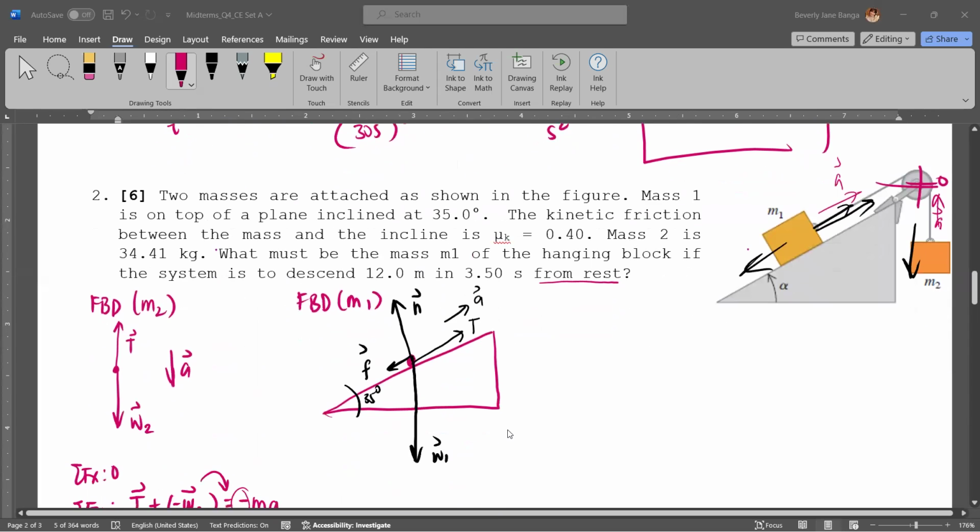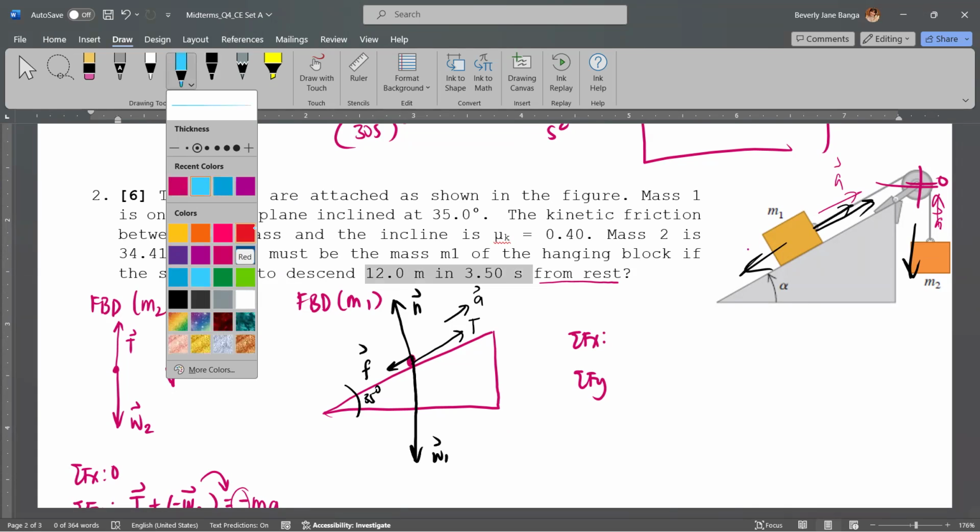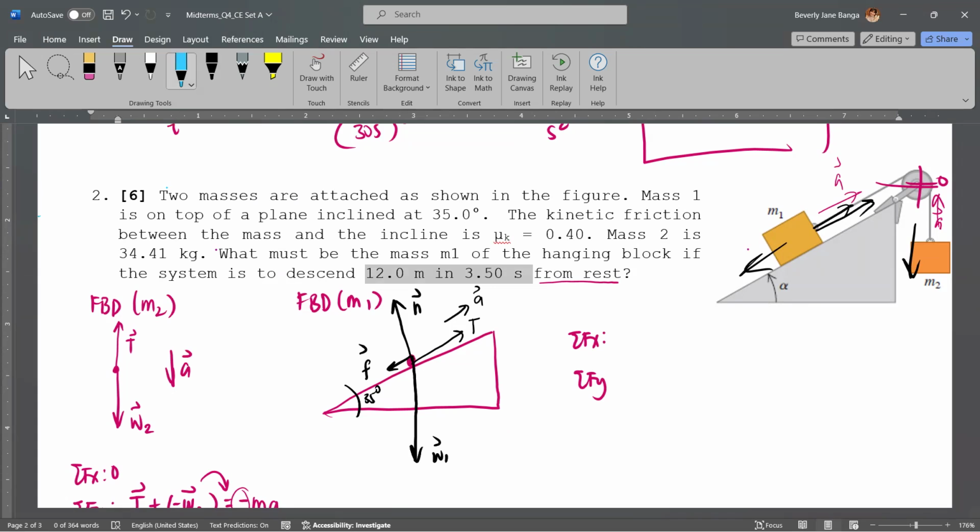So, M1 is summation of force along X and summation of force along Y. But you should have noticed that this is a tilted one. So, kailangan nyo ulit mag-set kung alin yung X and Y. Diba sabi ko dati, hanapin nyo yung may perpendicular. And this one, perpendicular si normal kay tension and normal kay friction. So, ito yung magiging Y. Ito yung magiging X, yung mismong surface ng ramp natin.